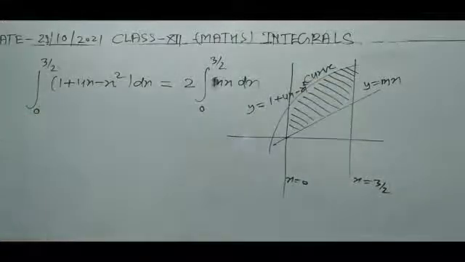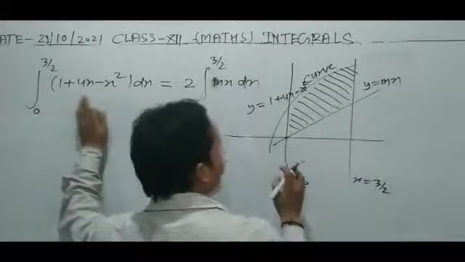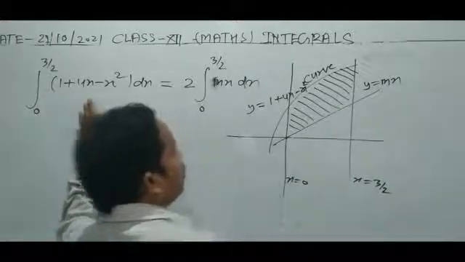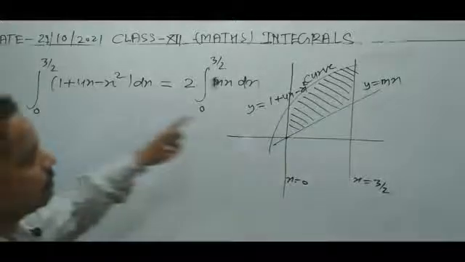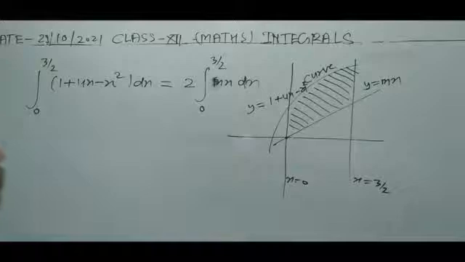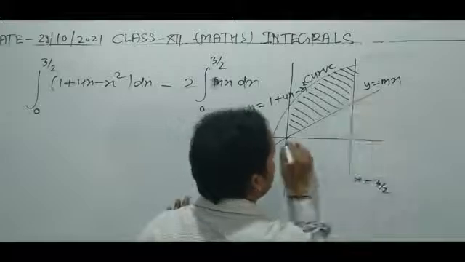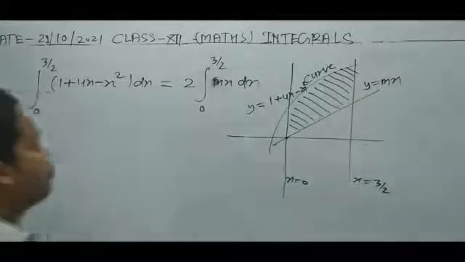So this triangle area will be included in this region. Now this region is double the area of the region under y is equal to mx from 0 to 3 by 2.